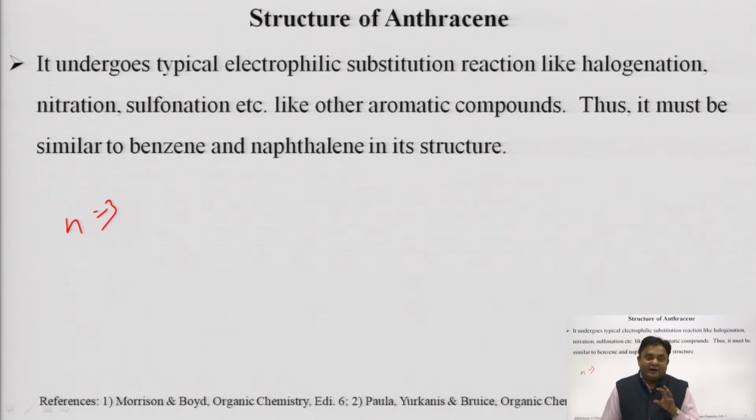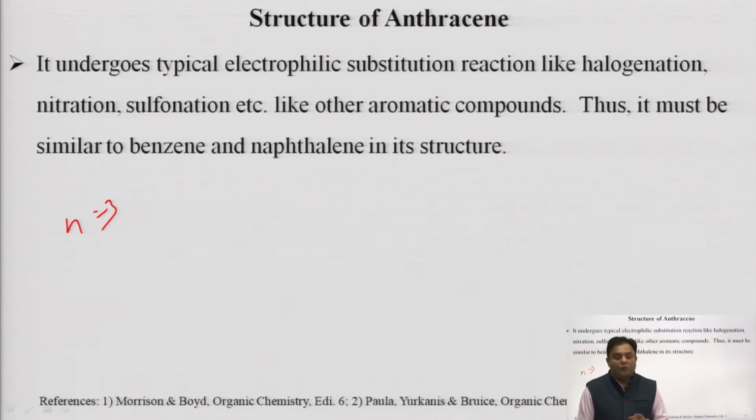Each carbon has 4 valencies; 3 valencies are satisfied by overlapping with 1 hydrogen and 2 neighboring carbons. 1 valency remains, that is the unhybridized p orbital, which is perpendicular to the plane of the anthracene and has an unshared electron.